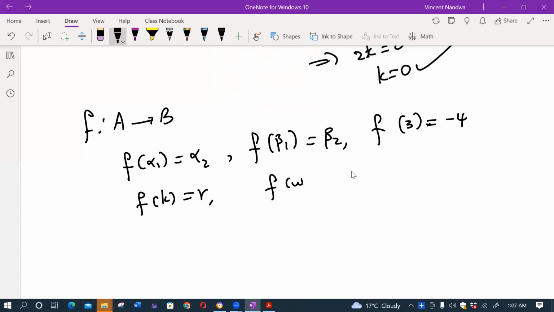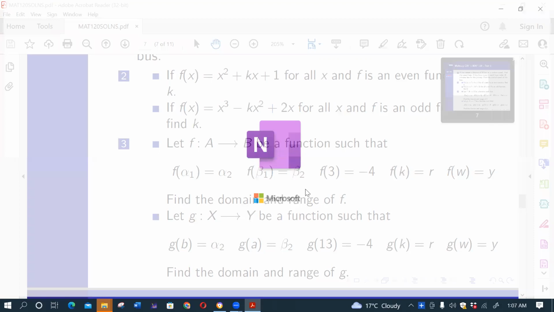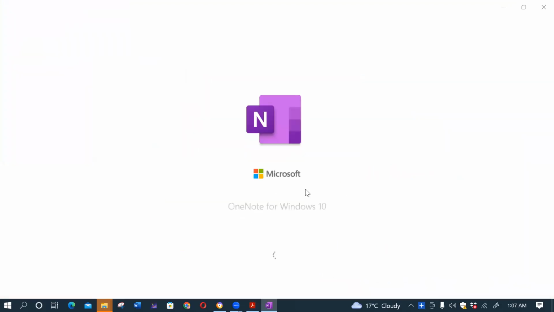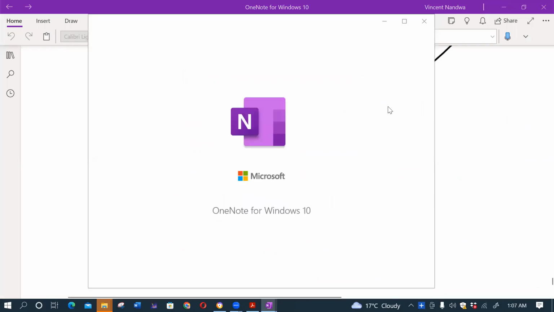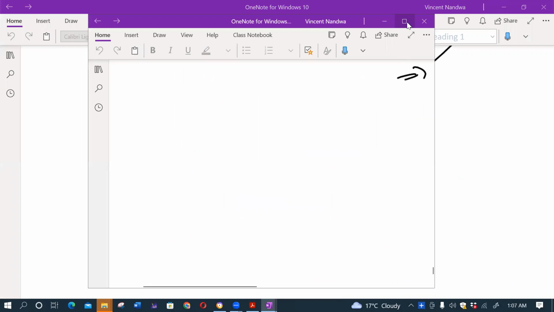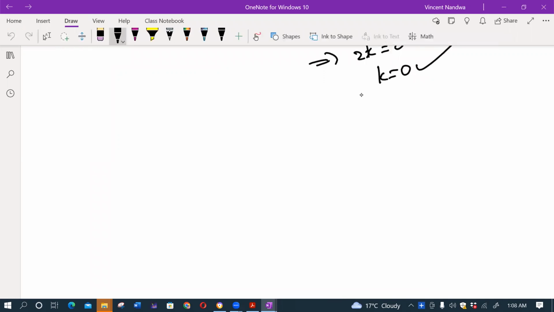So the key thing is now to find the domain of the function and the range of the same function. Now remember, domain is the set of all inputs, while the range is the set of all the outputs. So to find the domain of the function f, simply identify all the possible inputs, and to find the range, identify all the possible outputs.